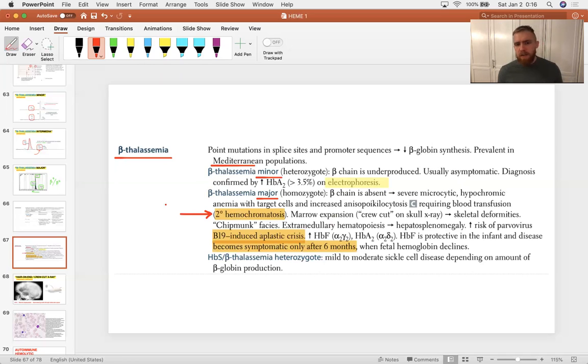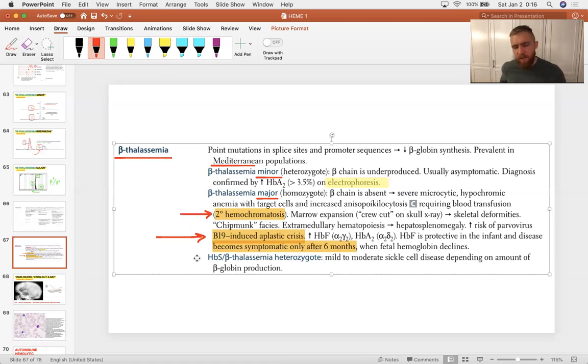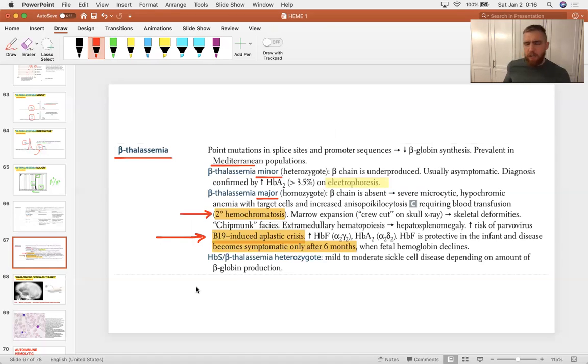First Aid also points out something that's not in the SDL: patients with thalassemias are at a higher risk of parvovirus B19 induced aplastic crisis. That's because parvovirus B19 gets into red blood cells, I think via the P glycoprotein, and infects erythrocytes. So if you've got a diminished red count to start with, you've got an anemia, then that virus is going to be even more lethal.